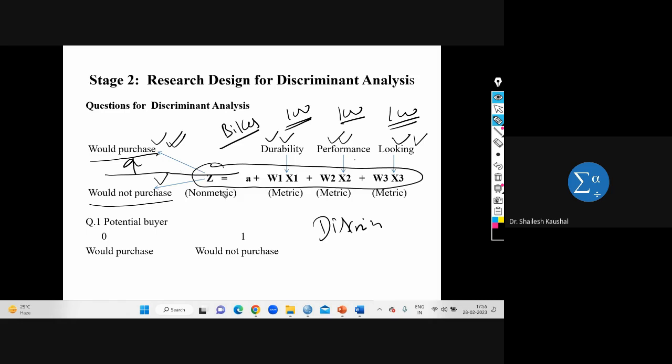It is not necessary that our model predicts 100%. I told you no model can give 100% result. There may be some error also. If our model is giving 90% correctly specified, we can say it's a good fit model. Okay.